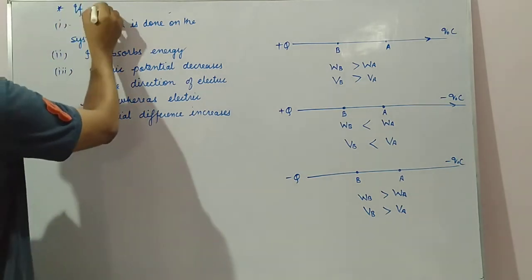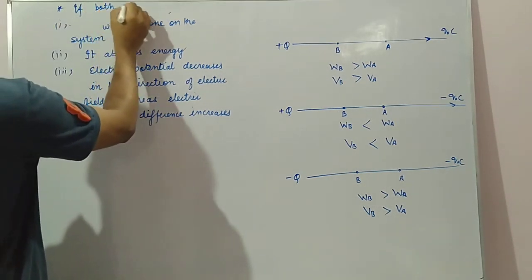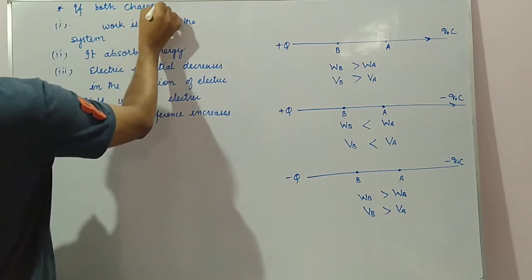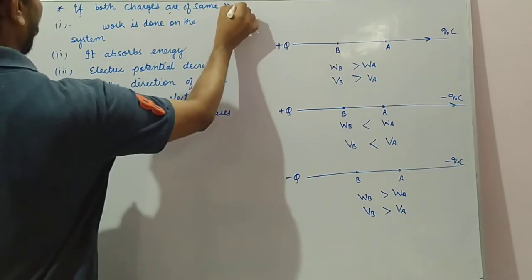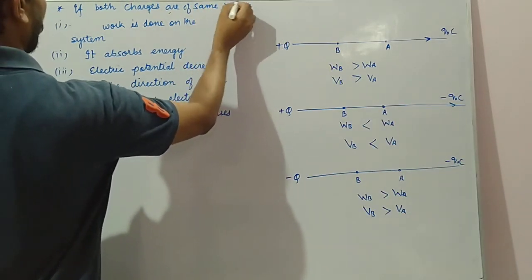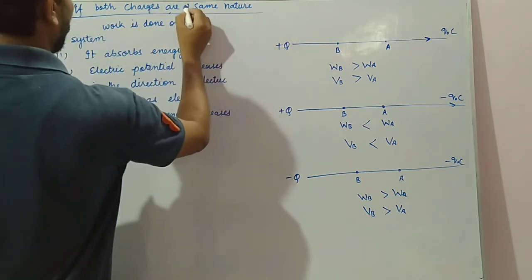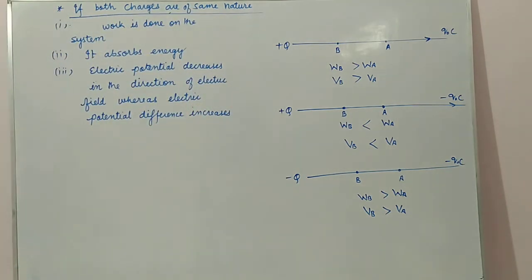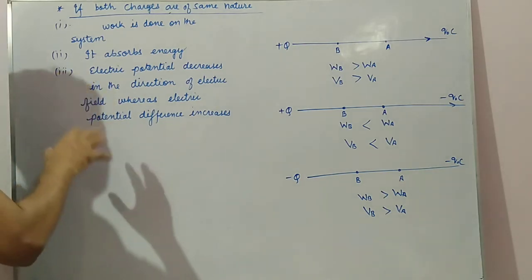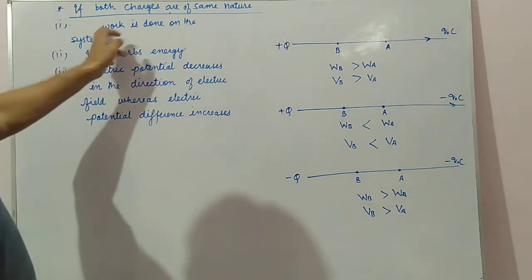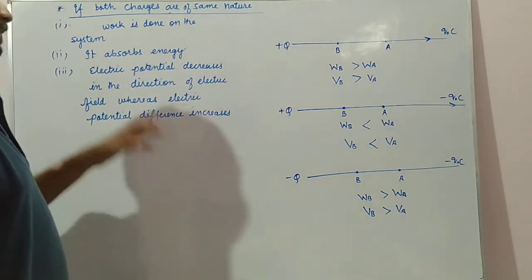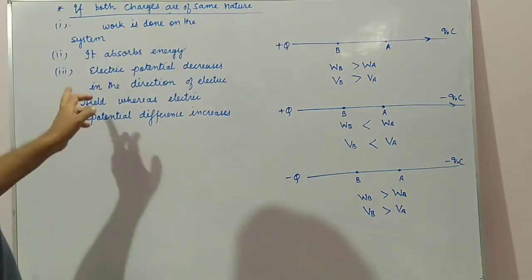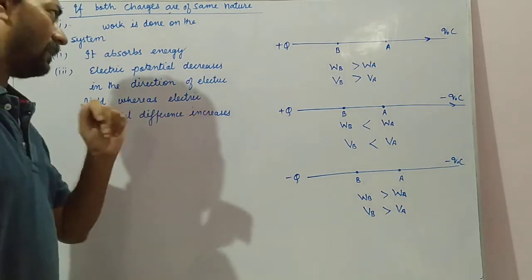If both charges are of same nature, that means what? Both are plus or both are minus. Work is done on the system. When the work is done on the system, it absorbs energy. Electric potential decreases in the direction of electric field, whereas electric potential difference increases.